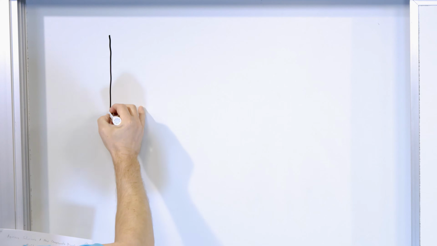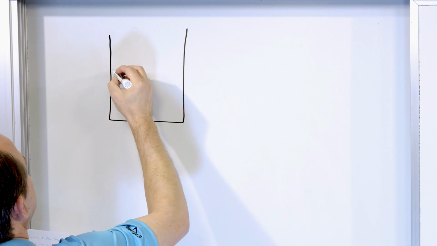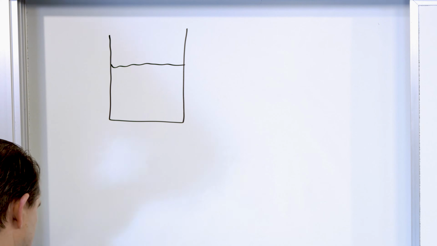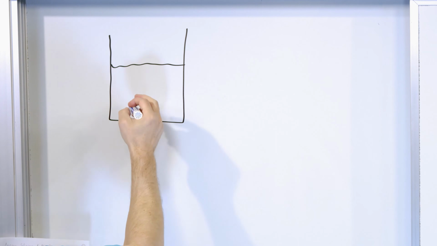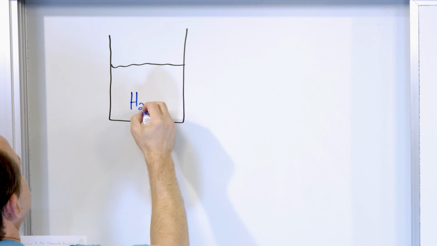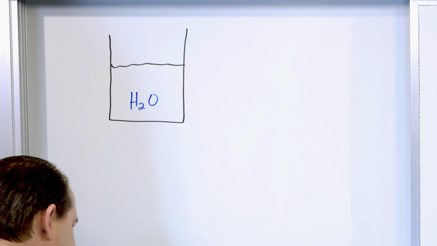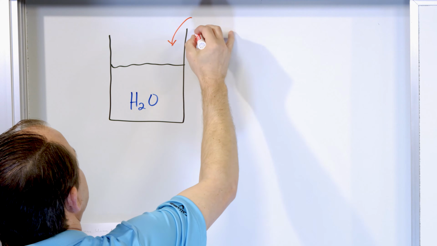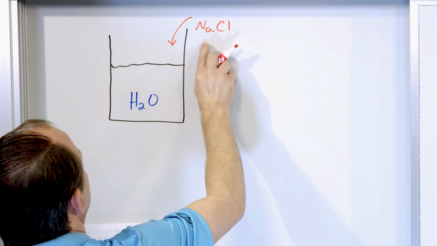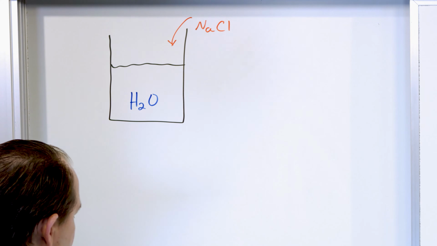So here's your bucket of water or your glass of water or whatever. I guess I should have drawn this in blue, because down here at the bottom you have your water, which we all know is our familiar H2O. And then in we go with the salt, which is sodium chloride: one atom of sodium, one atom of chlorine.